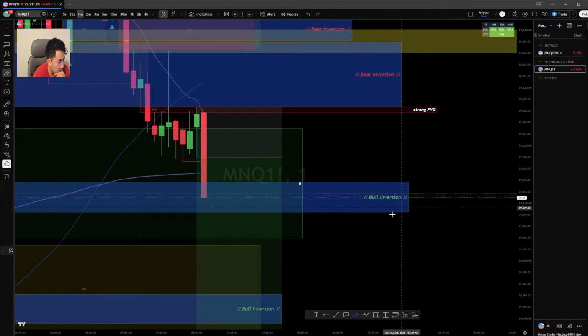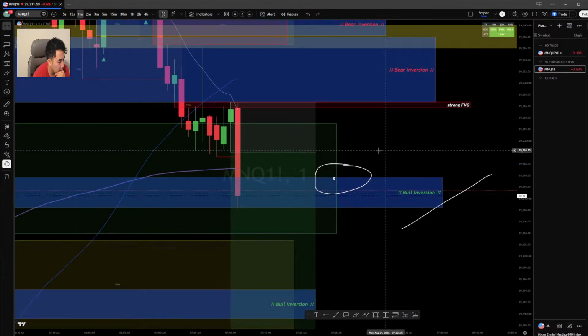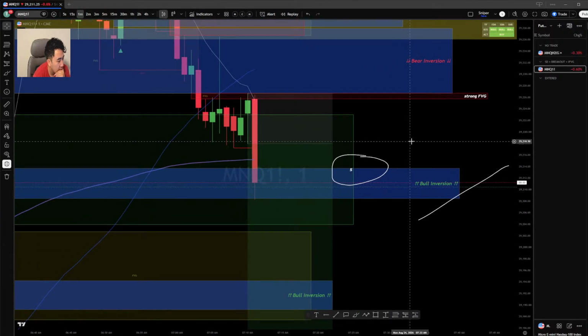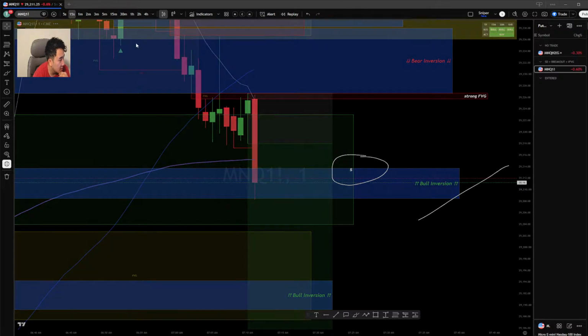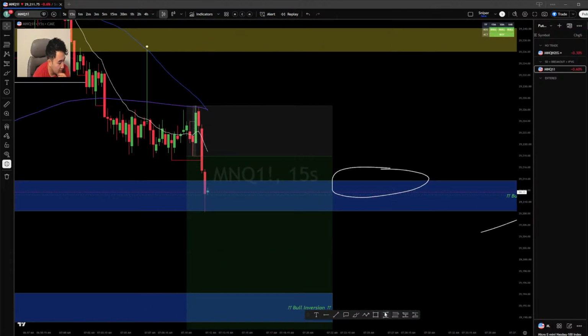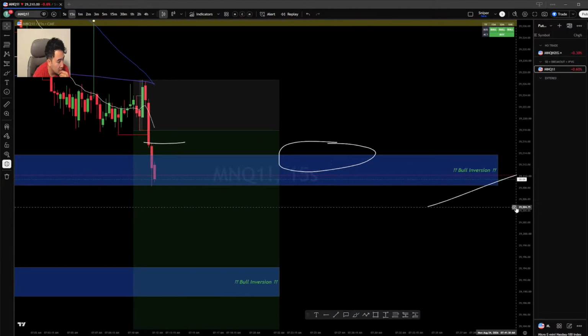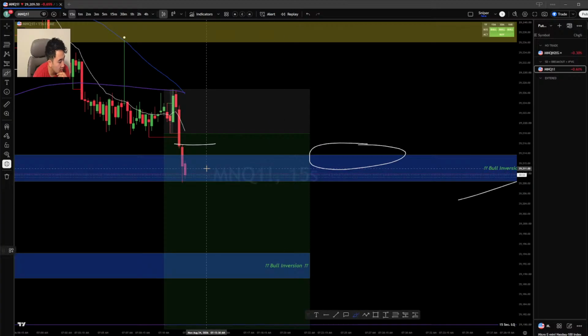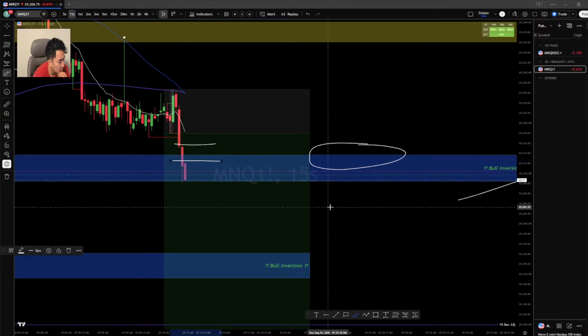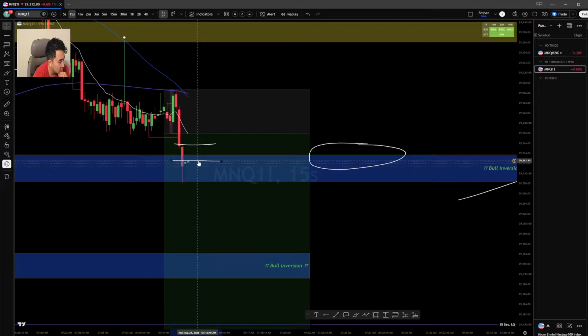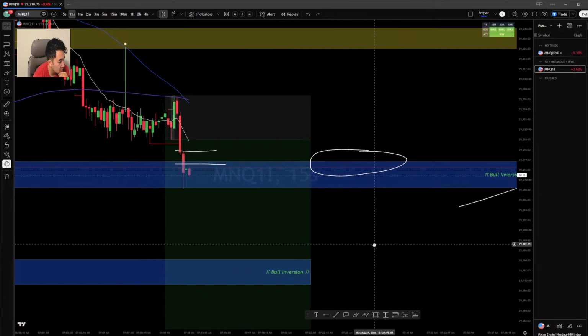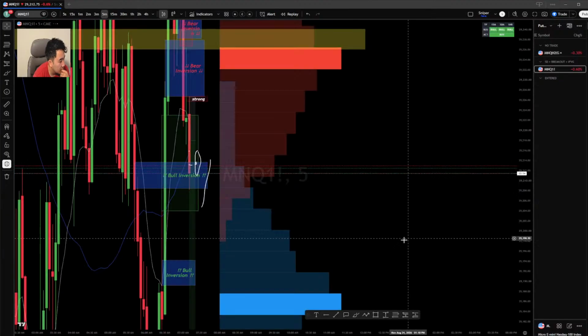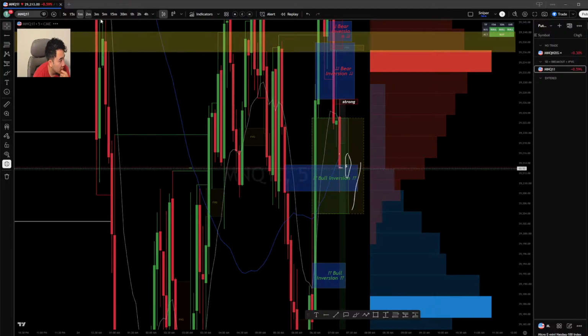Bullish inversion, I would trail the 1 minute. On the 5 minute, if you're inside the 5 minute, then trail the 15-second candle, just because you never know. So right now, if you were in the trade, you would trail this 15-second here and just keep trailing the 15-second, since you are in that gap.